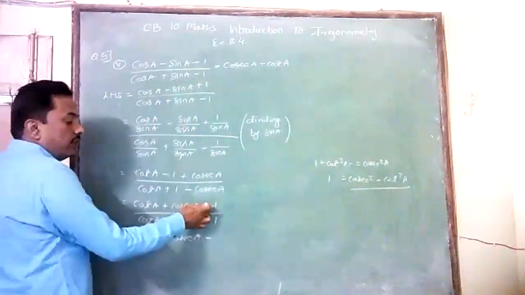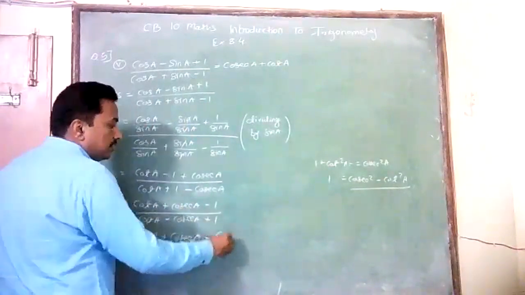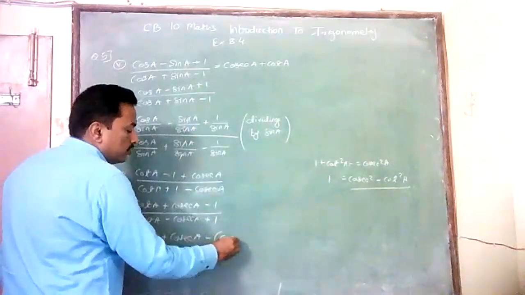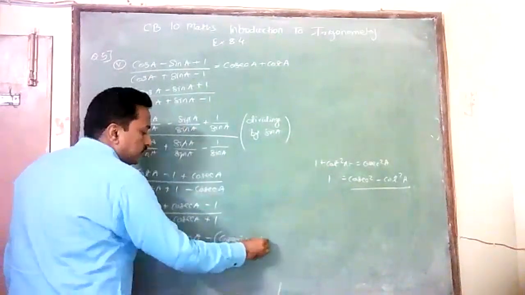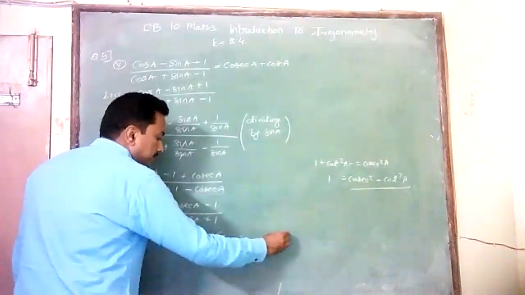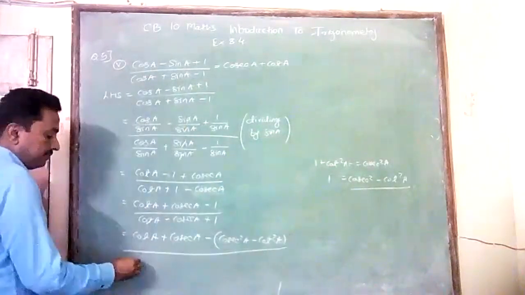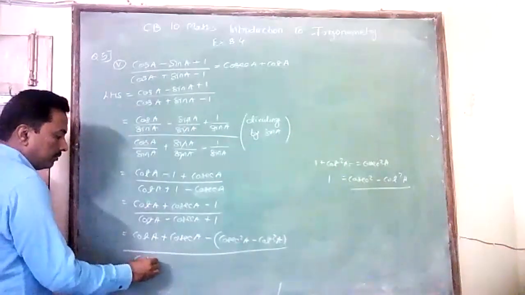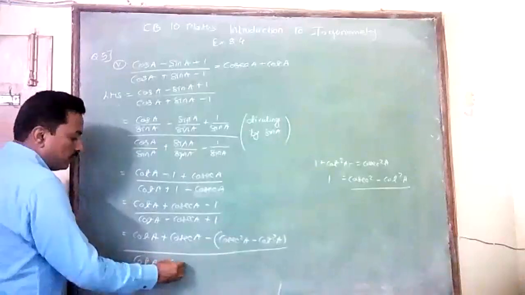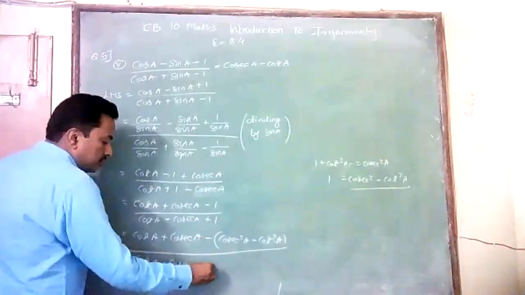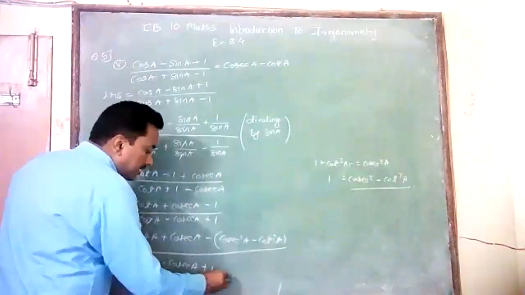Then in the place of 1, just write that one. Cosec square A minus cot square A. Denominator as it is: cot A minus cosec A plus 1. Just write that reason.